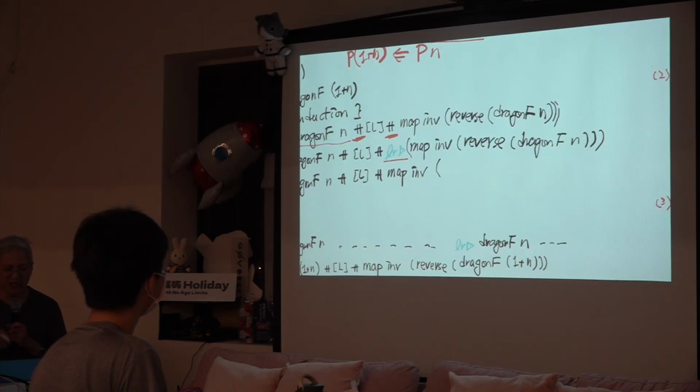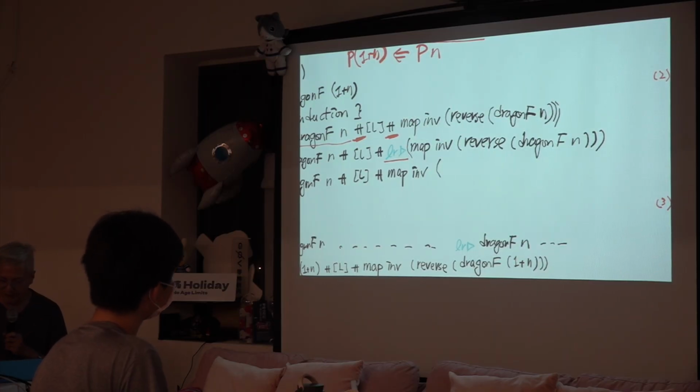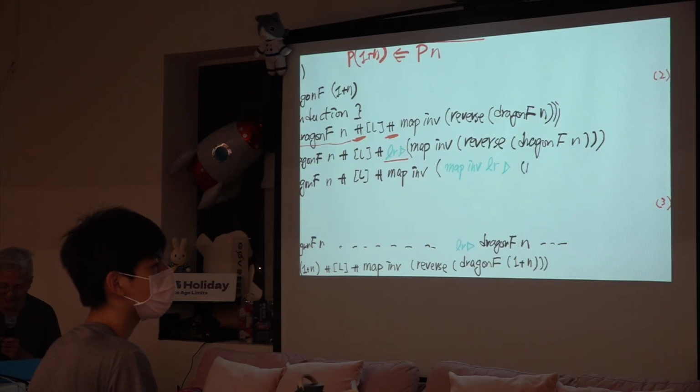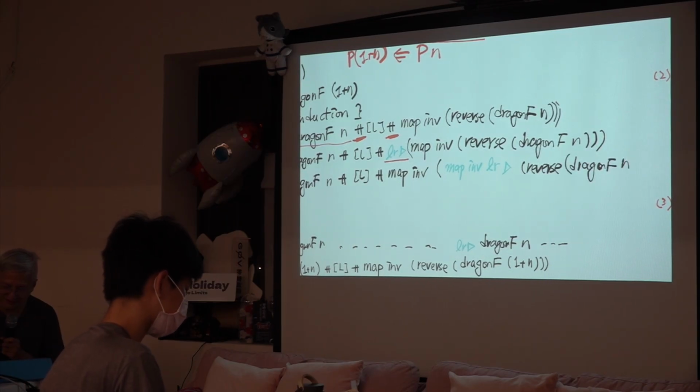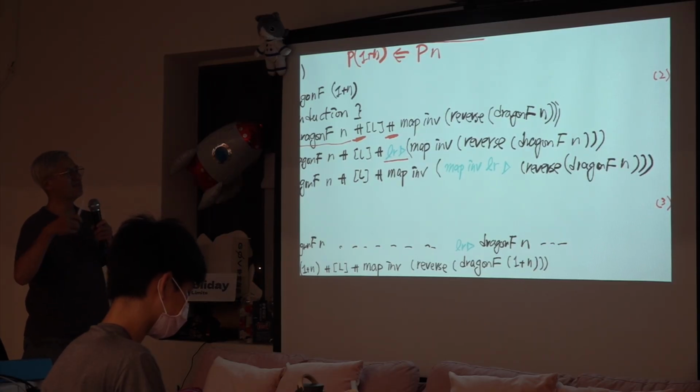And now, LR gets pushed into the expression, but I'm slightly worrying that now it's not LR anymore, it's map inv LR interleaved into reverse. Okay. Slightly worrying, but maybe it doesn't matter.